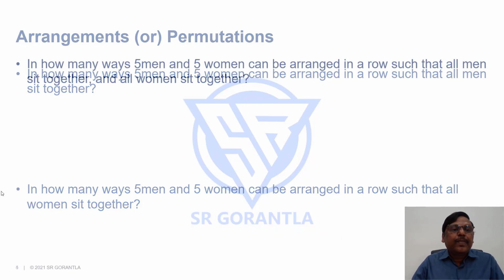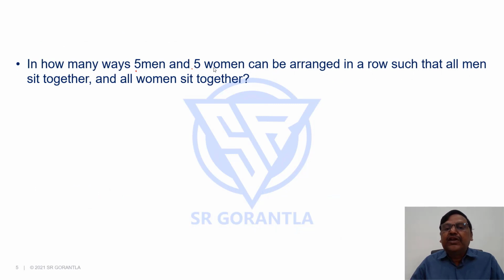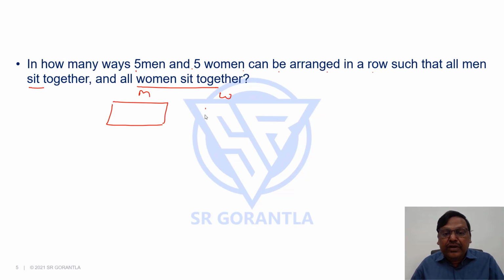Let's take the next one. In how many ways can 5 men and 5 women be arranged in a row such that all men sit together and all women sit together? So all men will be one group, all women will be one group. These two groups can be arranged in 2 factorial ways.